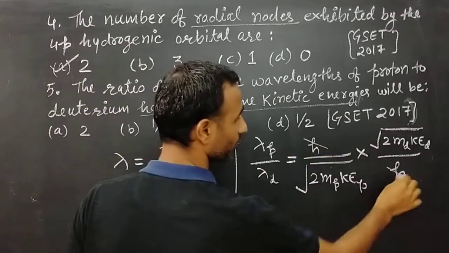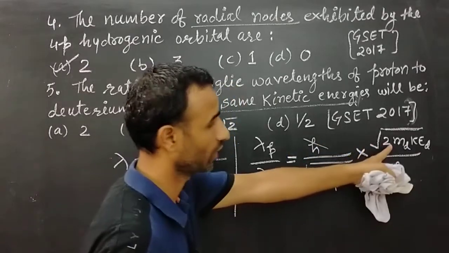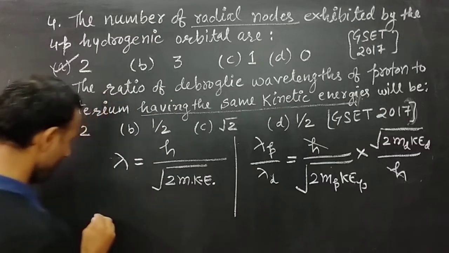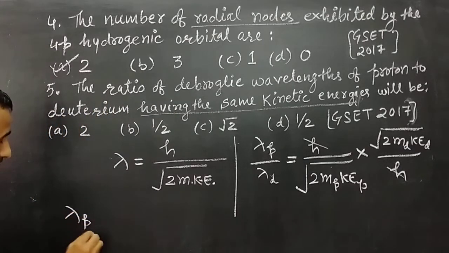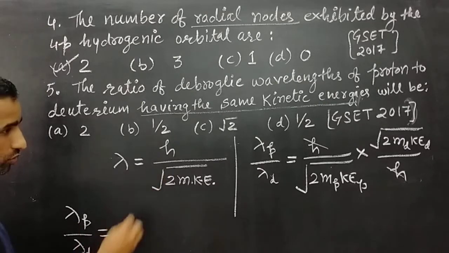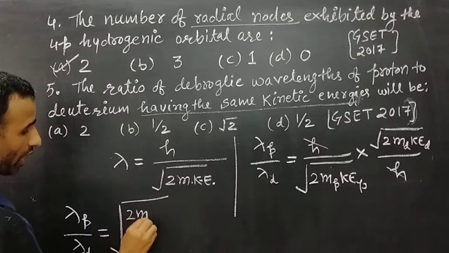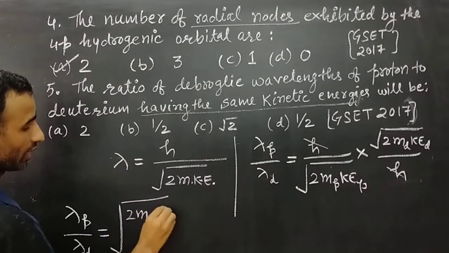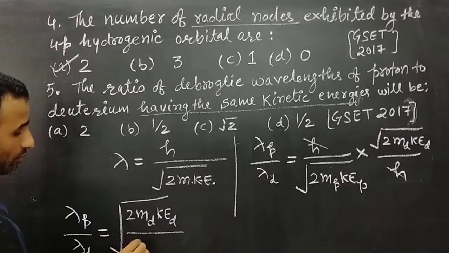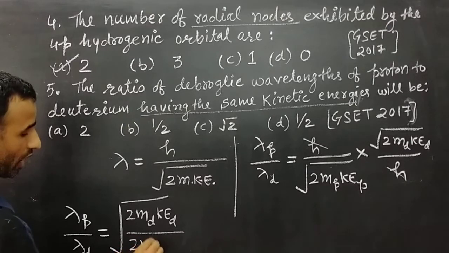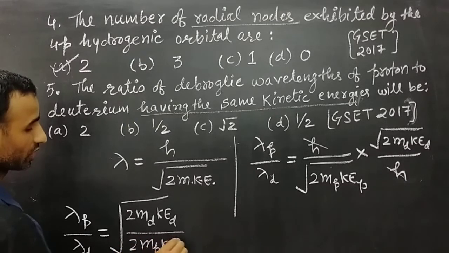H cancels, so lambda p to lambda d is equal to square root of 2 md kinetic energy of deuterium divided by 2 mp kinetic energy.